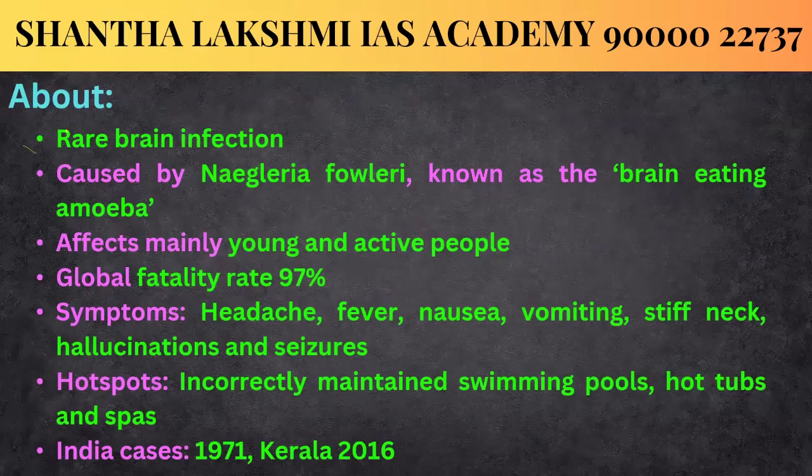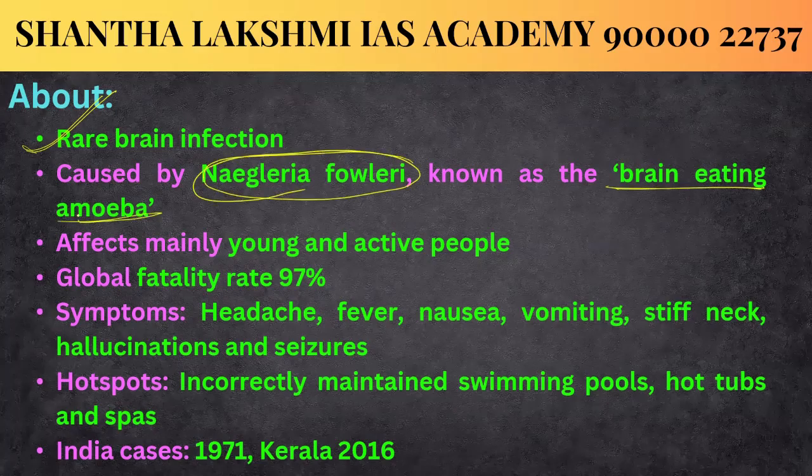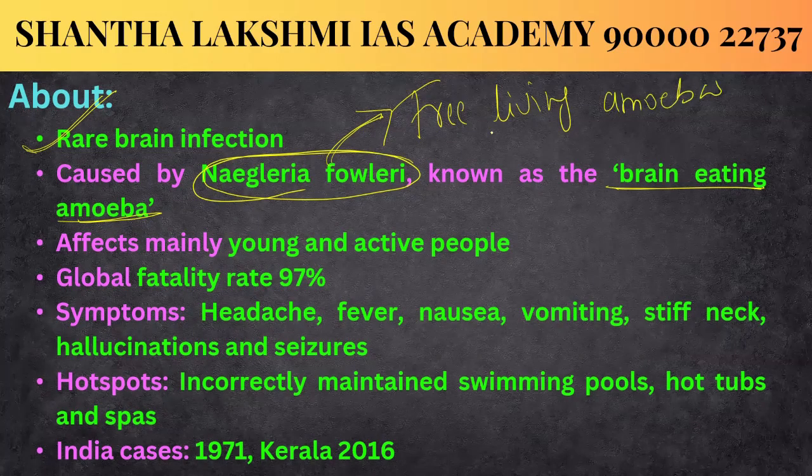It is a rare brain infection, and this is caused by the Naegleria fowleri, which is also known as the brain-eating amoeba. This Naegleria fowleri is a free-living amoeba, which is a protozoa. It mainly lives in fresh and warm water as well as the soil and the dust also.